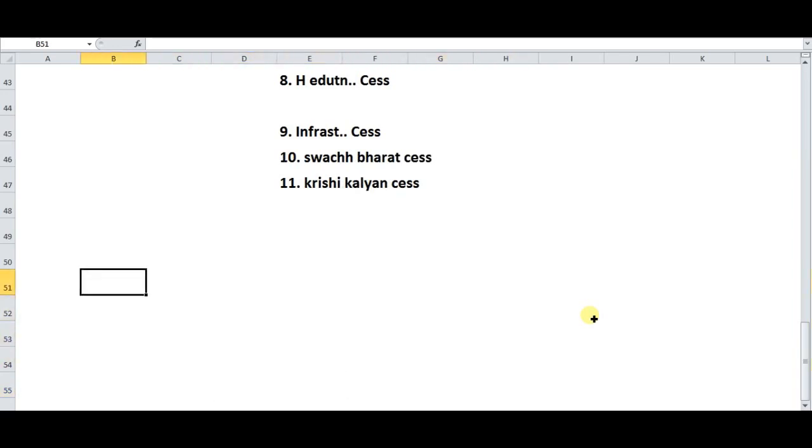Here we go. For direct tax types, we do withholding tax configuration in the SAP system.